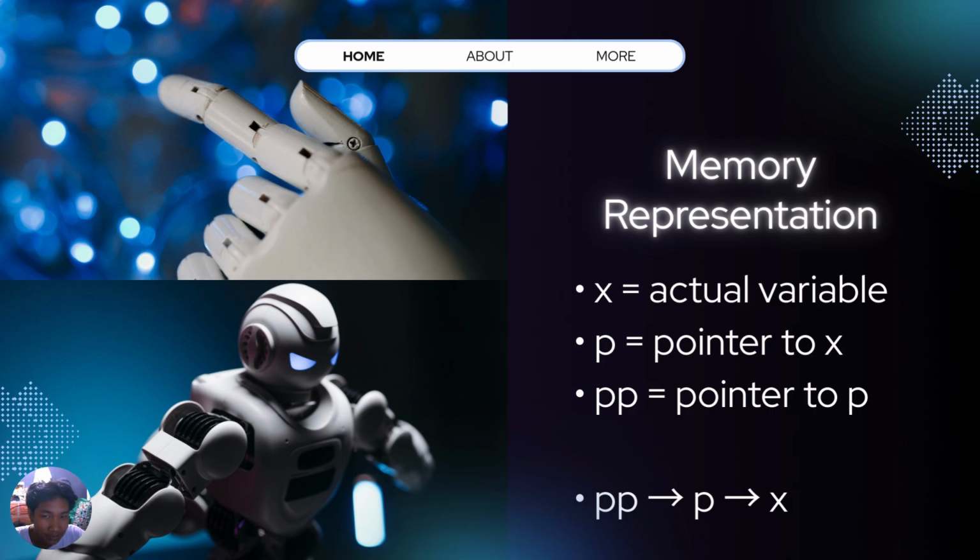To understand this better, imagine this. x is a box that contains 10, p is a box that contains the address of x, and pp is the box that contains the address of p, so it becomes a chain of access: pp to p, to x, to a value. This is why we use double asterisk pp to reach the actual value.